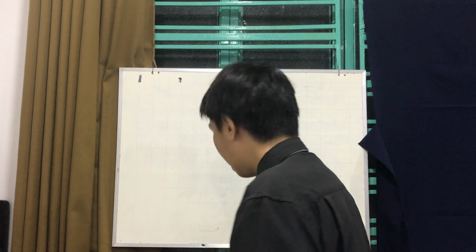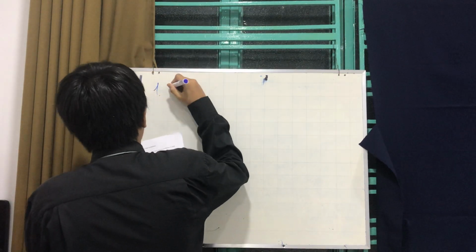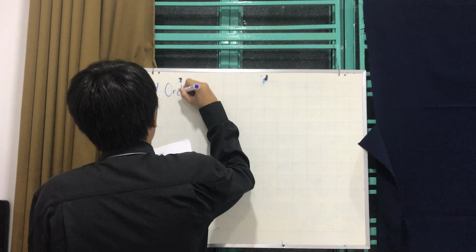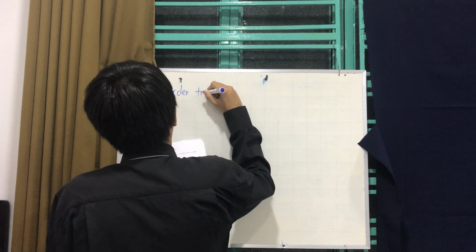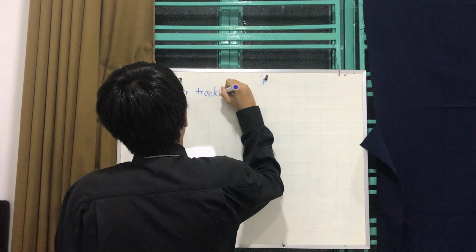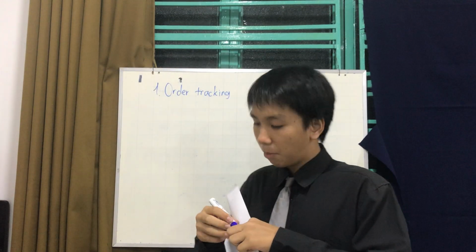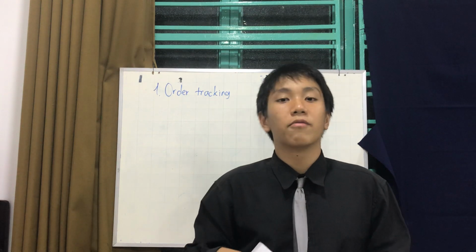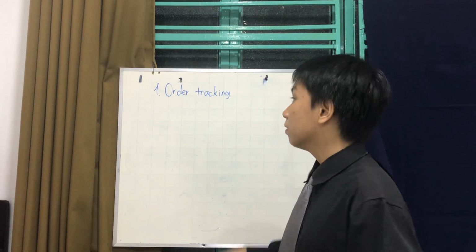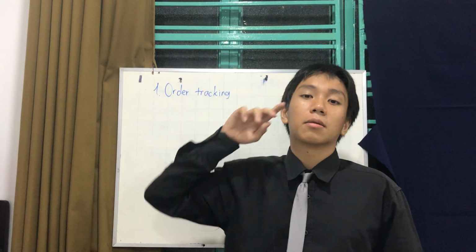So I have identified 5 key tasks to automate, and let me write it on the board. So the first task is order tracking. So you might not know it, but order tracking is a very essential thing for an online marketing platform.